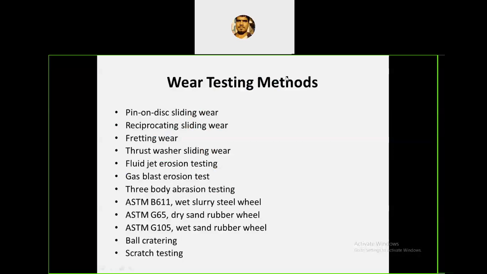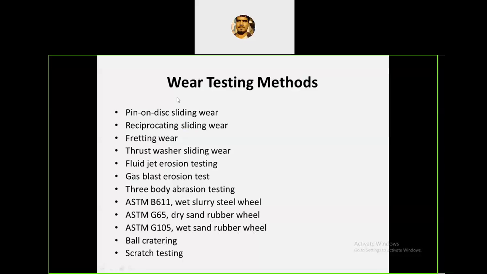In the same way, reciprocating sliding wear is another technique. Then fatigue wear, thrust washer sliding wear, fluid jet erosion testing, gas blast erosion testing, three-body abrasion, ASTM G65 which is one standard type, wet slurry, dry sand rubber wheel, wet sand rubber wheel, and ball cratering and scratch testing.